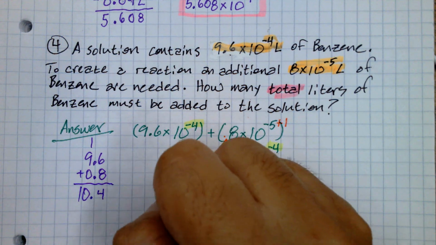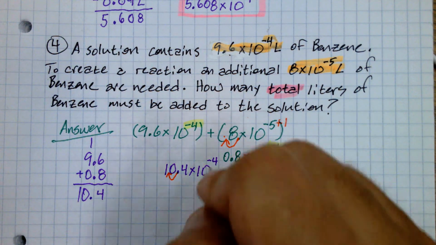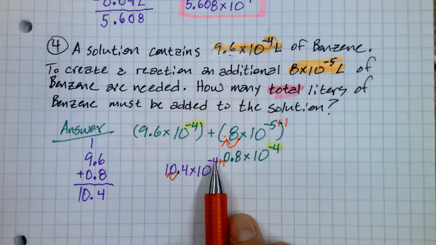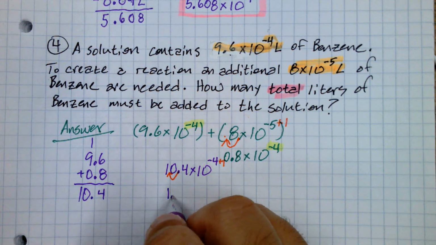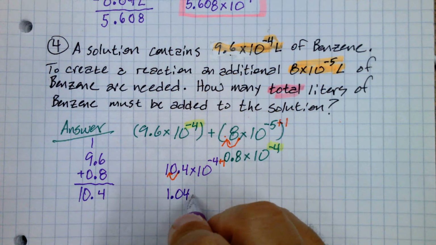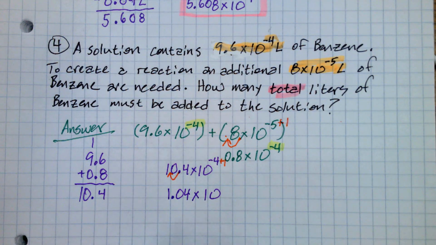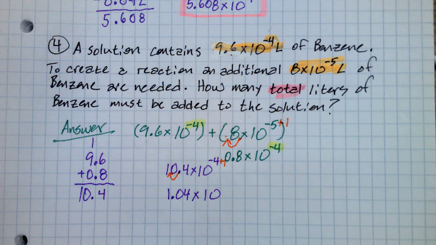We've got to move this decimal one more place to the left, which means, remember, you add one here. So we've got to do negative 4 plus 1, which gives 1.04 times 10 to the, what's negative 4 plus 1? Well, same sign, add and keep; different sign, subtract.